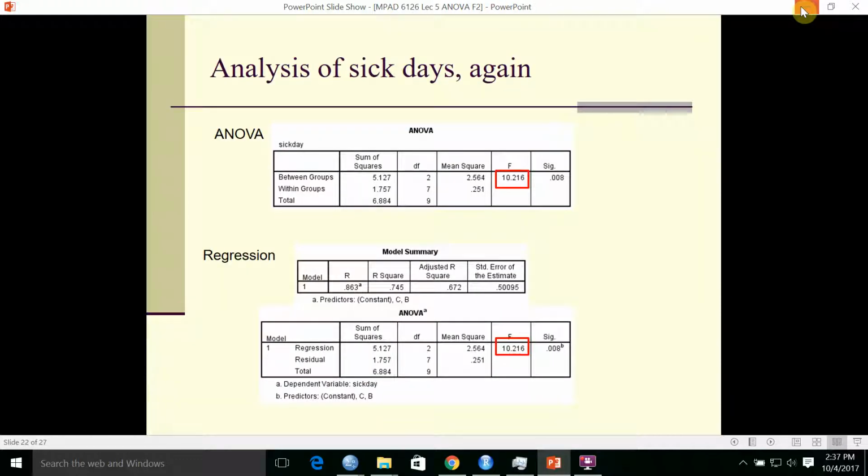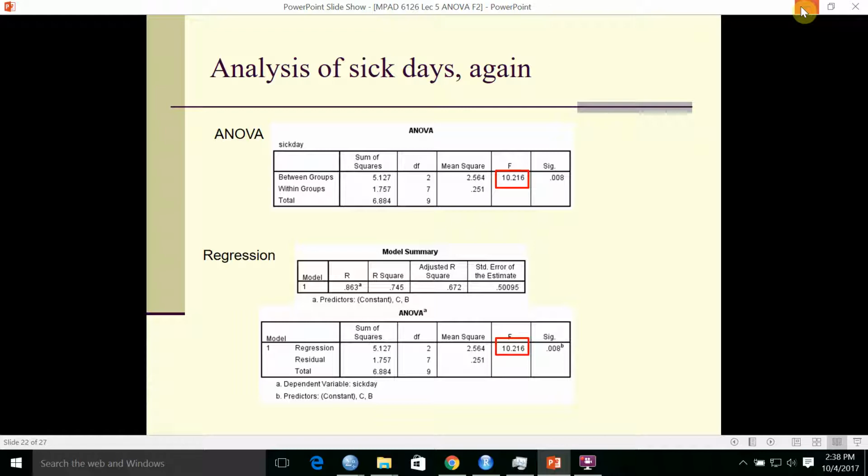Analysis of sick days from ANOVA in SPSS shows the same F test, 10.216, and the significance a little bit more precise. In Excel, it only rounded to two decimal places. Here it's rounding to 3, so significance is 0.008 when we're a little more precise with SPSS.